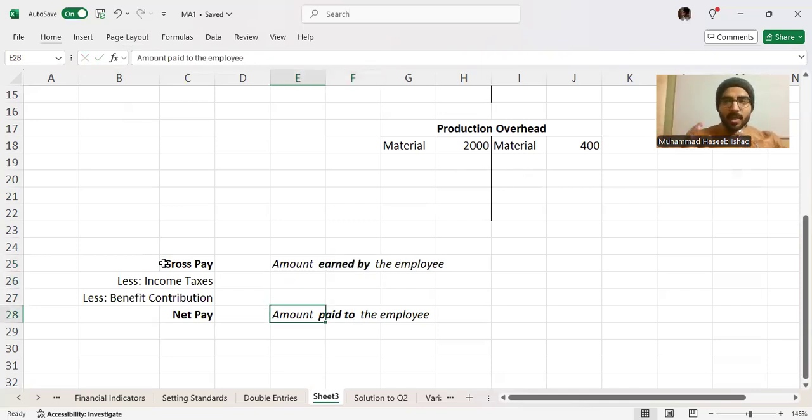So gross pay is the amount earned by the employee. Any amount that the employee earns does not get paid to them, because you have to deduct some important things. You have to deduct the income tax of your employee, because normally the government's policy is not to collect income tax directly from individuals.